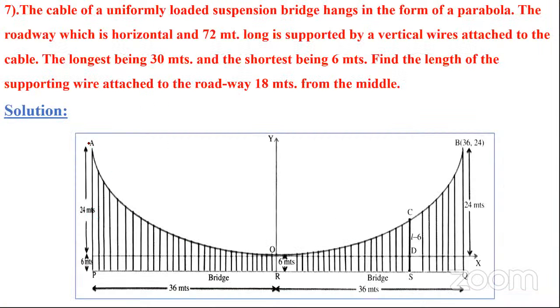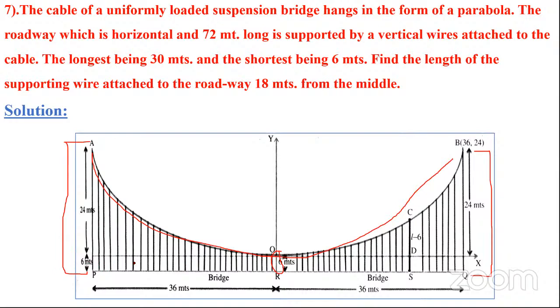So observe this once again. Here this is the highest length of the wire, these two are the highest lengths of the wires, and this is the shortest length of the wire. Okay, so this is 6 meters, this is 36 meters. And this is the cable wire, attached with the vertical wires.